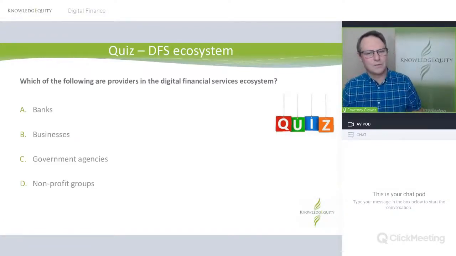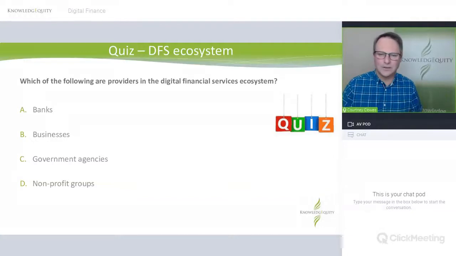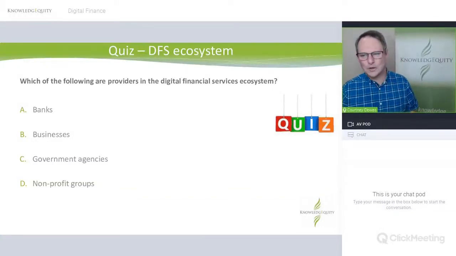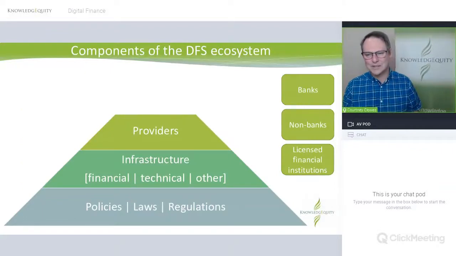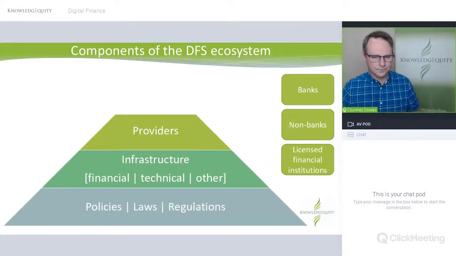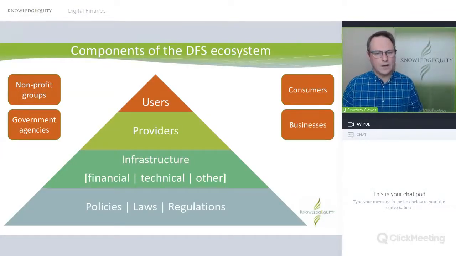Then what comes next? We've got the providers in the digital financial services system. So based on that, which of these do you think meet the requirement as providers? Banks, businesses, government agencies, non-profit groups. So we see here banks, non-banks, licensed financial institutions are our providers. And from there, we've got our users.